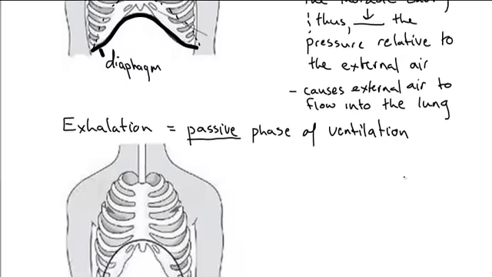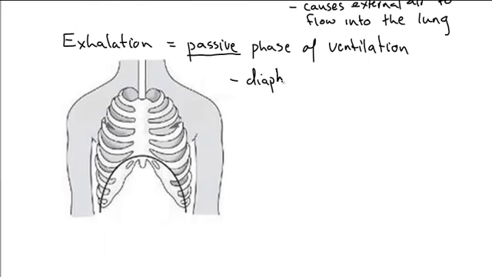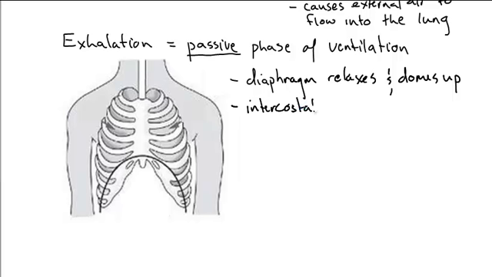So what happens is the diaphragm relaxes and domes up, so its relaxed position is up high in your thoracic cavity, and the intercostals relax, and the rib cage falls down and in.